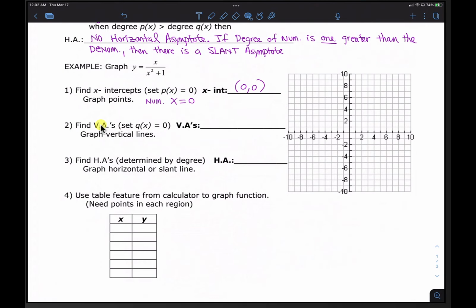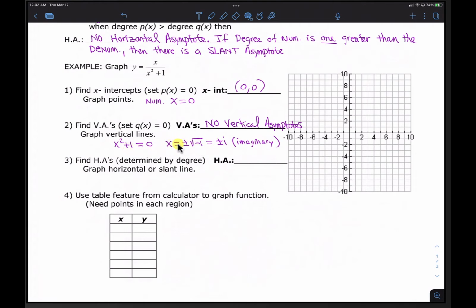All right, next we'll find the vertical asymptotes, abbreviated VA. To find the vertical asymptotes, we set the denominator, which is called q of x, equal to 0. So we get x squared plus 1 equal to 0. Then we subtract 1 from both sides and take the square root.